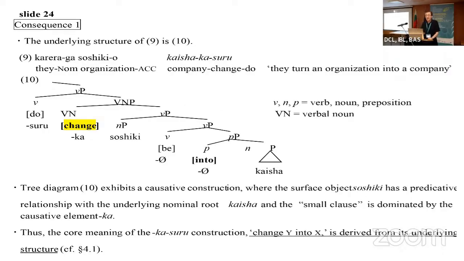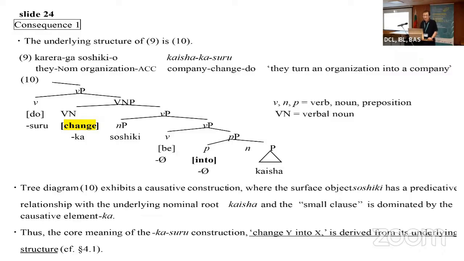Let us see a consequence of our analysis. I propose the underlying structure of 9 is 10, tree diagram 10. So look at number 9. 彼らが組織を会社化する means they turn an organization into a company.